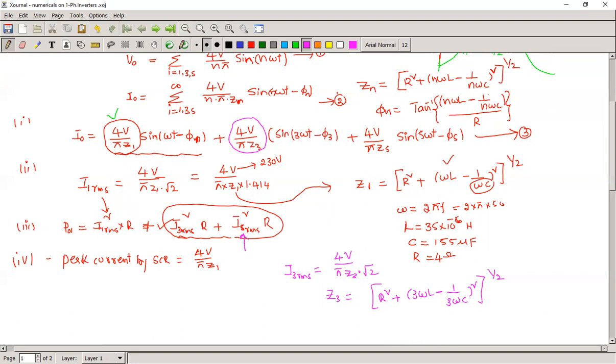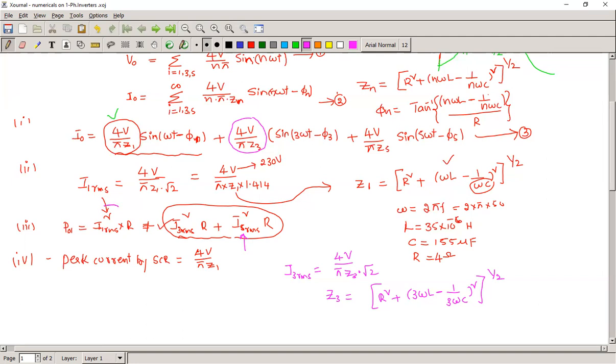Once you know the value of I5, you can find the RMS value of the fifth harmonic current square into R. The sum of all these powers is the power absorbed by the load due to the fundamental, third harmonic, fifth harmonic, and so on up to infinity. But in this problem we considered only up to the fifth harmonic.